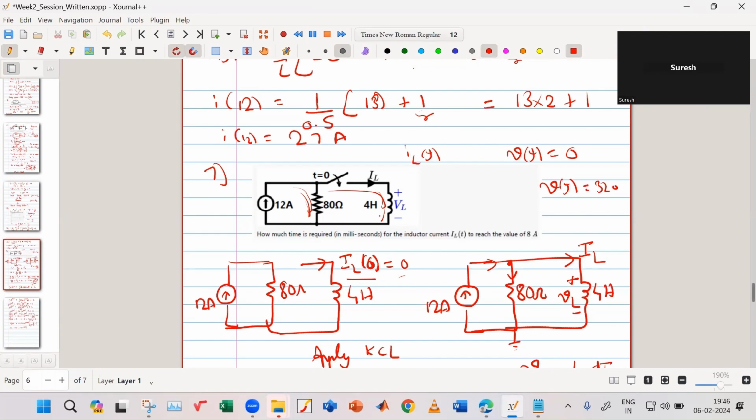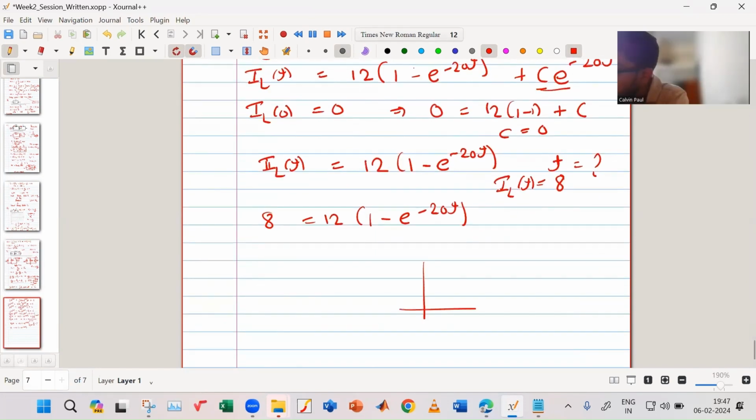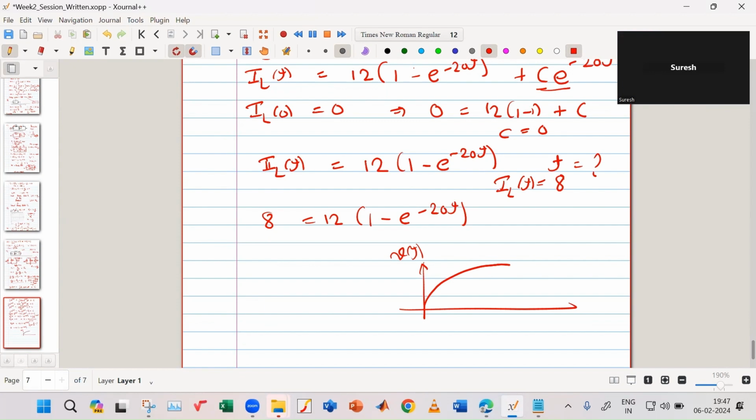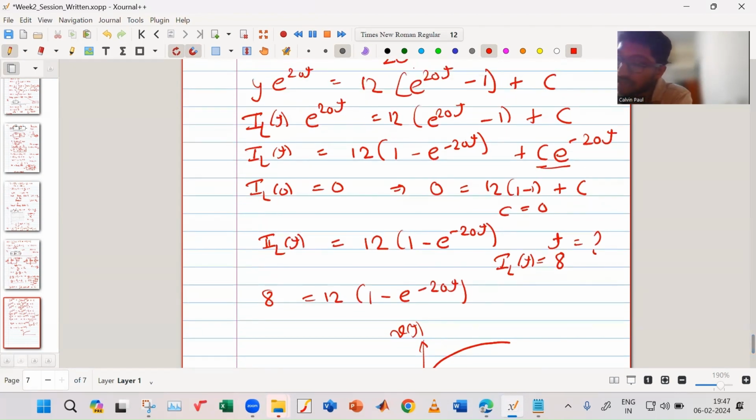What I want to say is your V of t graph is something of this format. No, sorry, I made the opposite.